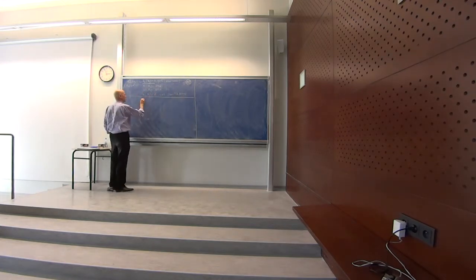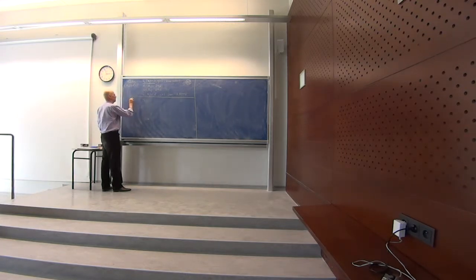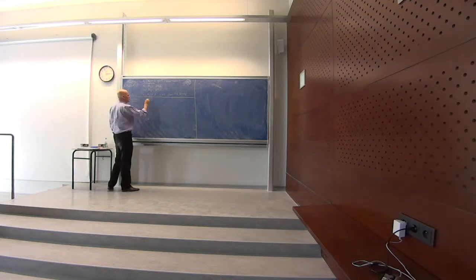Let me tell you the question of H2 of the mapping class group of a non-orientable surface. I'm writing it as a sum of Z over 2, k times.